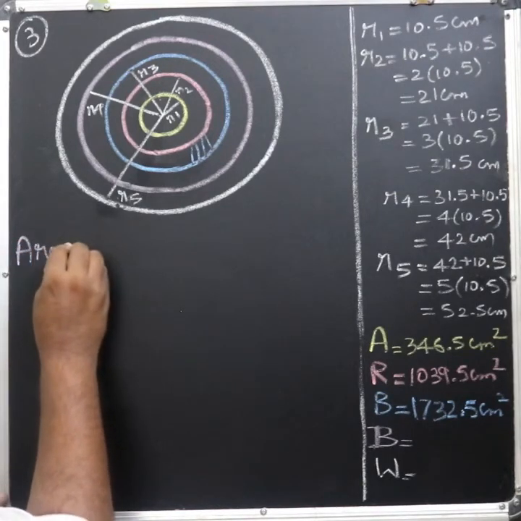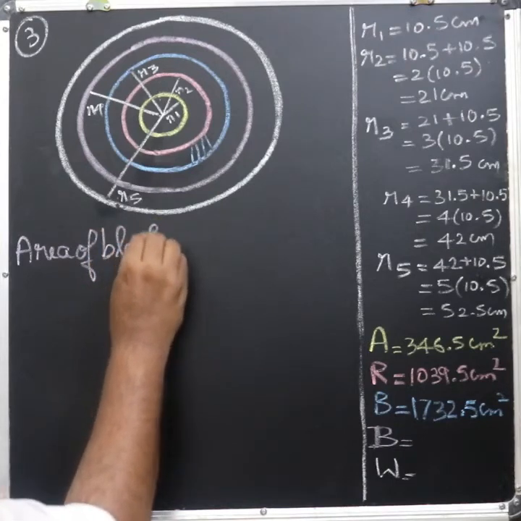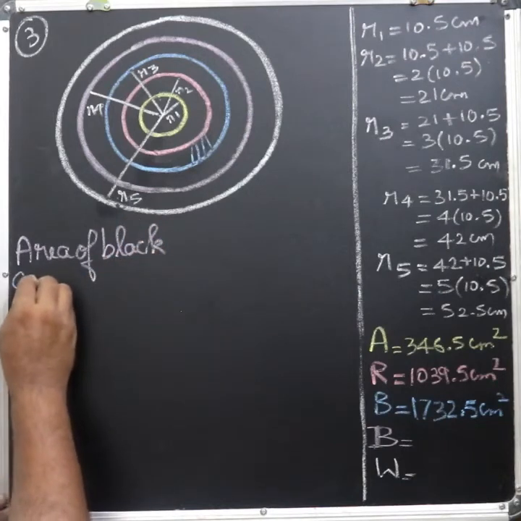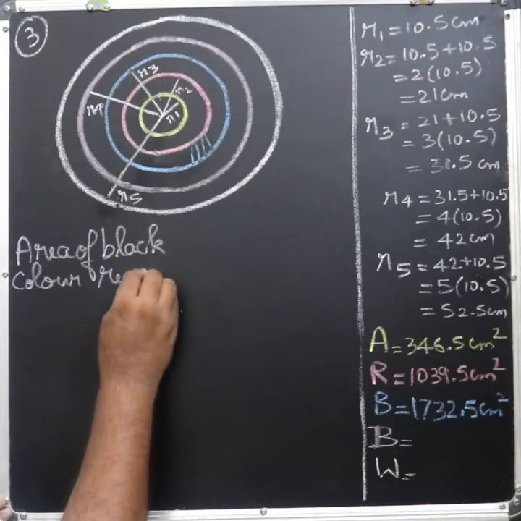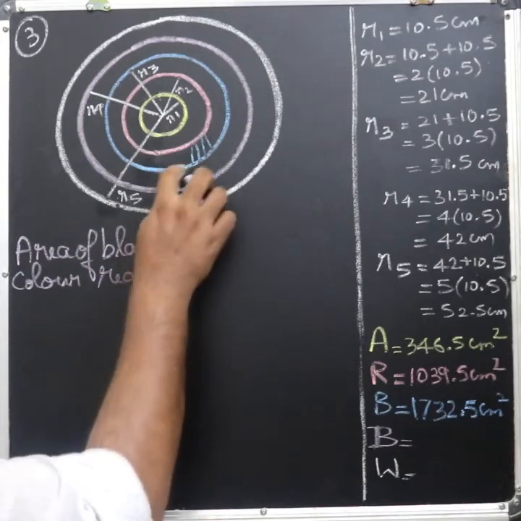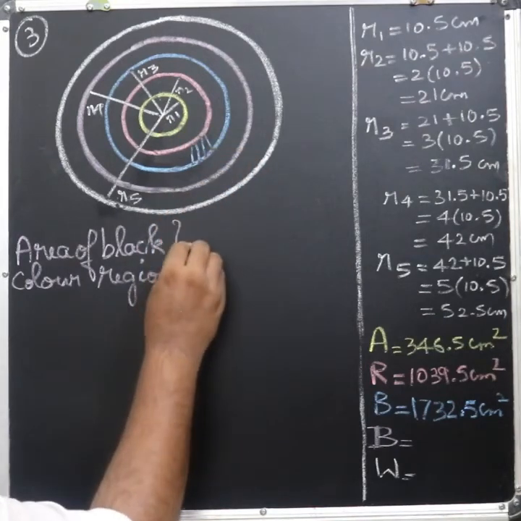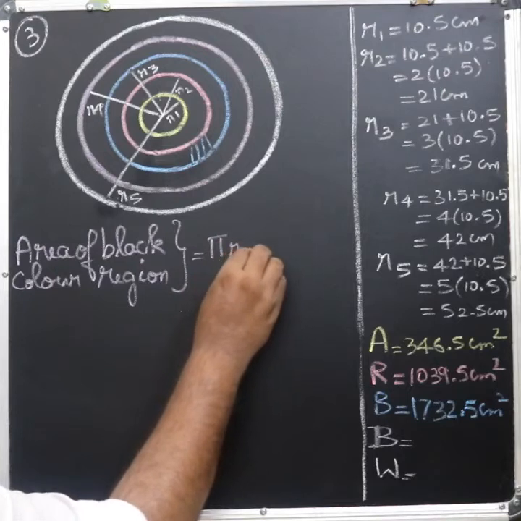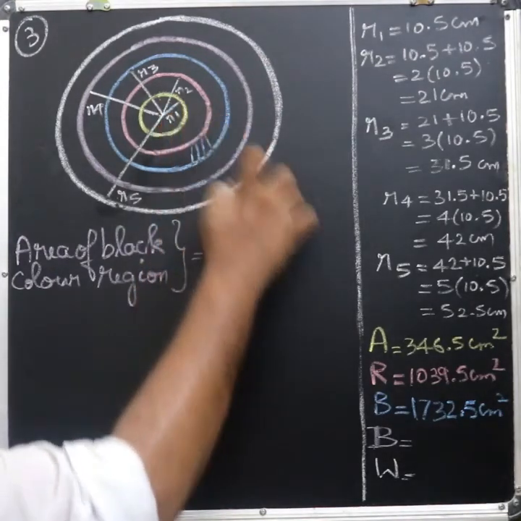Area of black colored region. This black color region, this is going to be 1, 2, 3, 4th radius. So the area is going to be pi r4 squared from the entire area up to this radius 4.